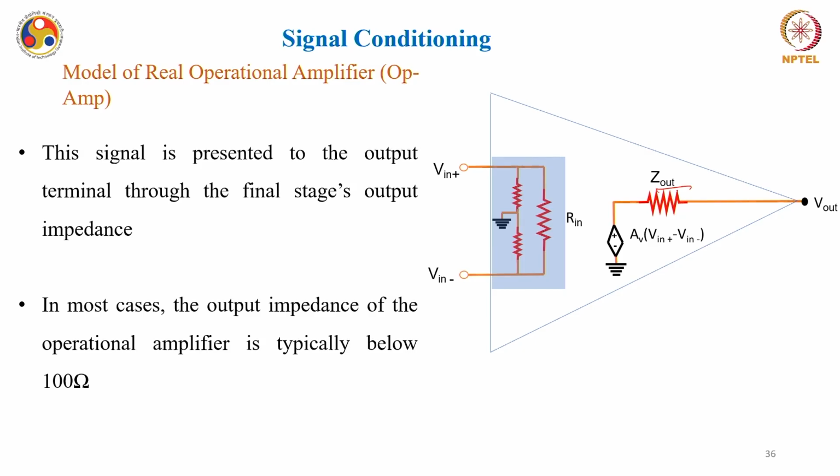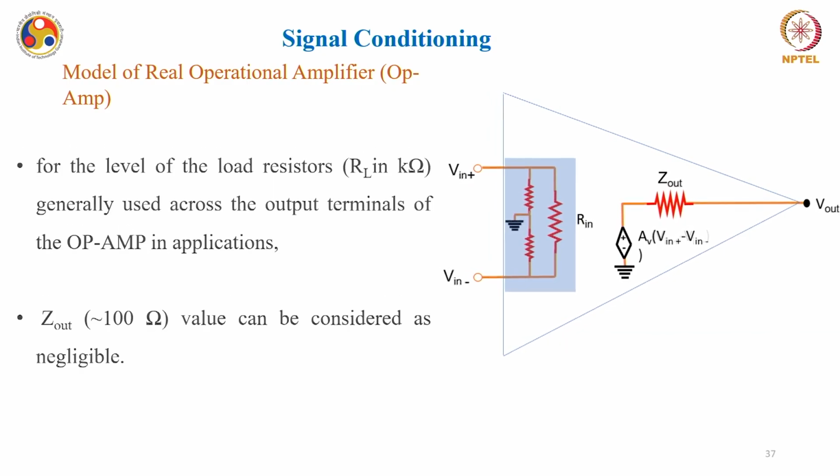Now this signal is presented to the output terminal through the final stage output impedance, which is this Z out, and in most cases the output impedance of the operational amplifier is very low, typically less than 100 ohm, and we have seen that for an ideal op-amp it was 0. For the load resistances which are practically certain kilo ohm, generally used across the output terminal of the op-amp, Z out in the range of say 100 ohm can be considered negligible.